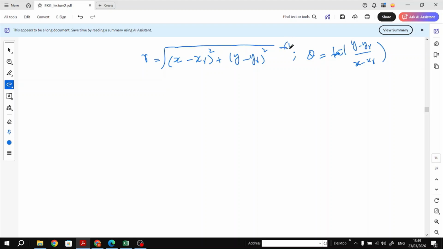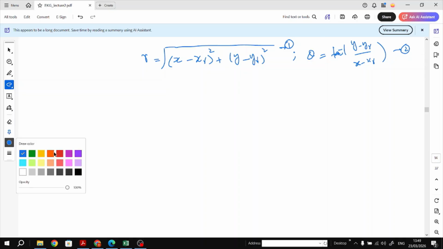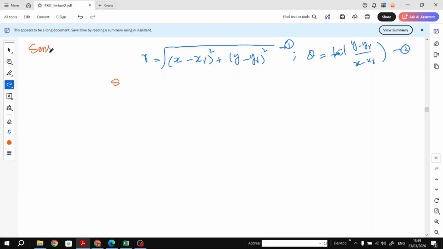Let's write equation number one. So these are your sensor measurement model. These two equations are your sensor measurement model. Why do we call it like this?